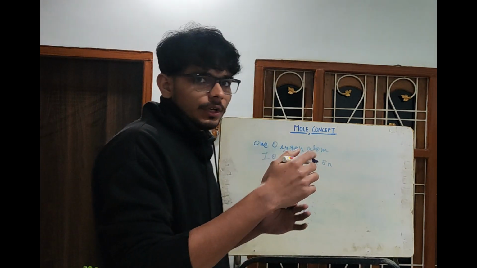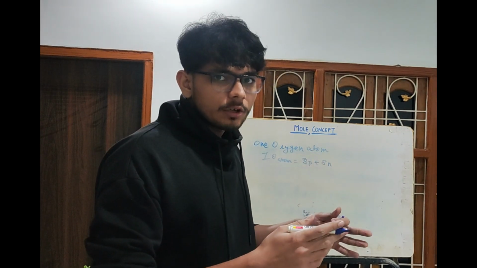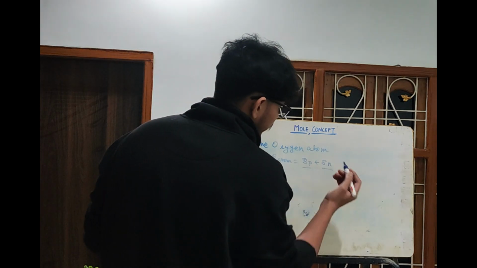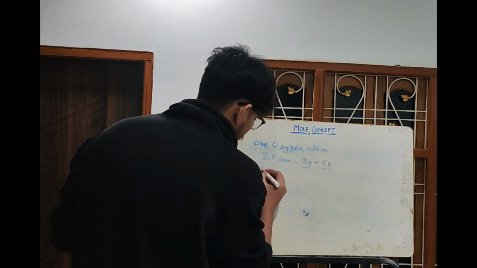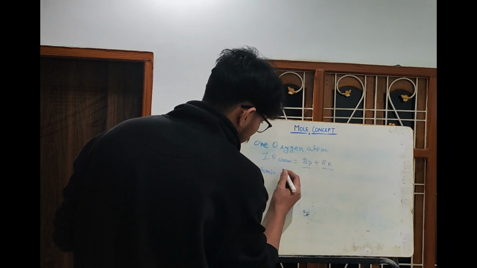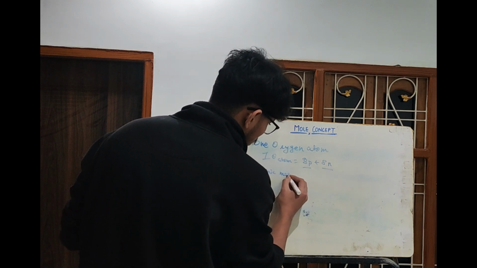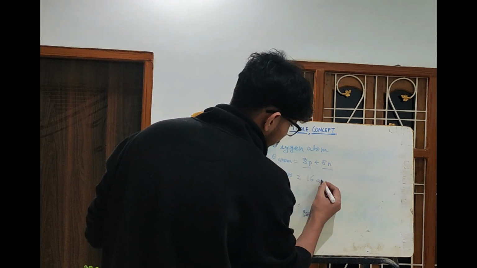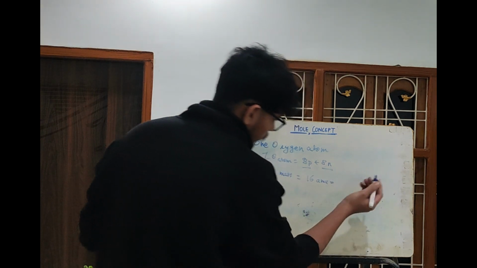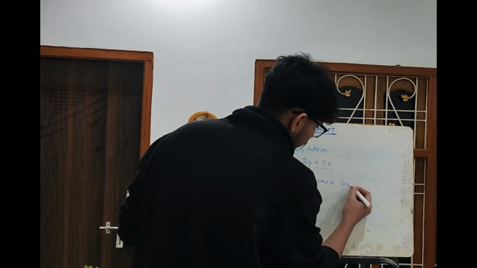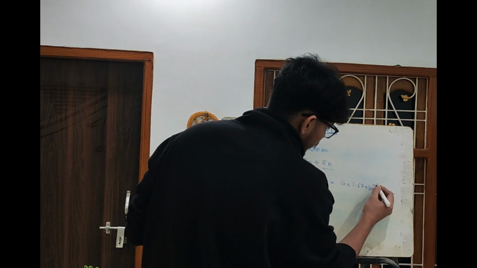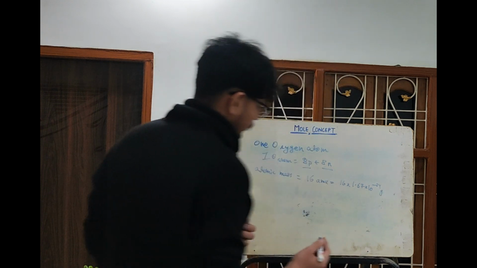As we know, we neglect the mass of electrons since it's very small. So it has 8 protons and 8 neutrons. What will be the atomic mass? Atomic mass of oxygen will be 16 AMU, or 16 times 1.67 times 10 to the power minus 24 grams.